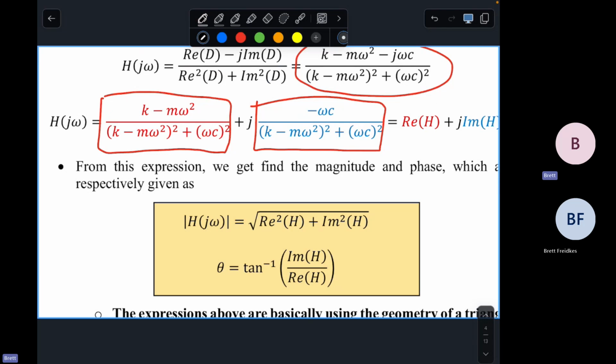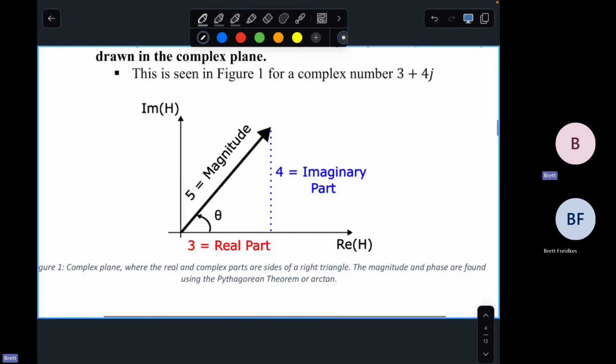And a way to justify that is by drawing it in the complex plane. So in this example, I'm plotting 3 plus 4j. That's a complex number. If I plot it in the S-plane, for example, where you have the real axis and the imaginary axis, or the complex plane, whatever you want to call it.